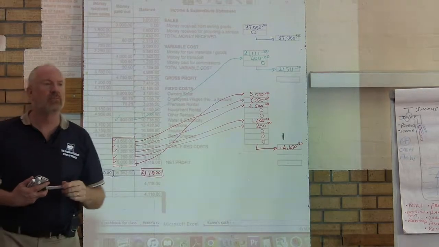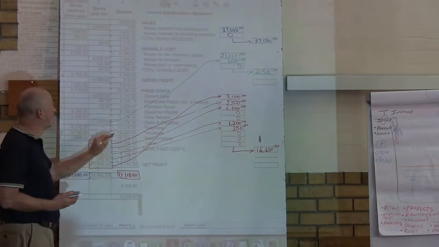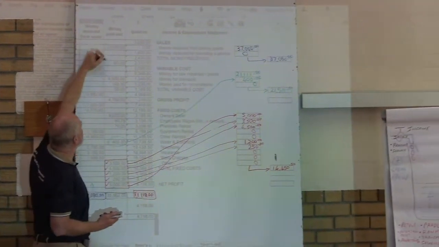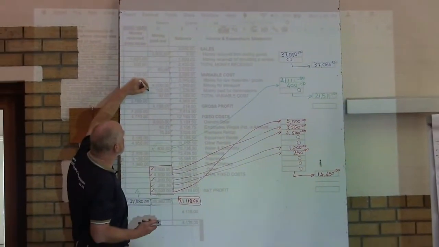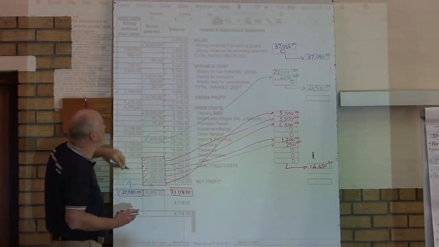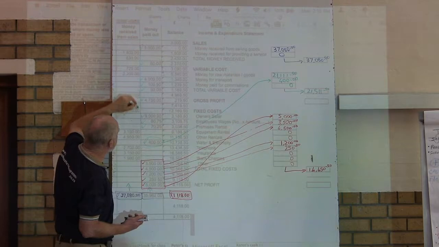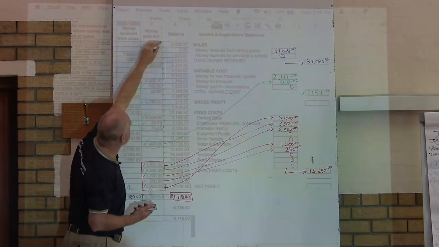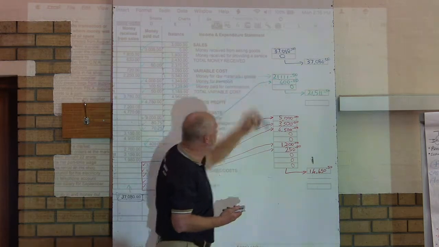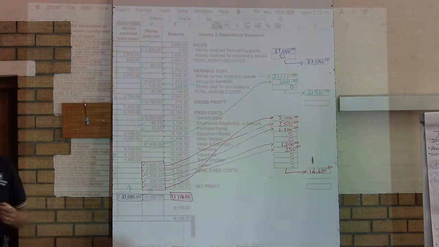From the money for raw materials, where did you get that 21,100? Okay, so what I did was, we've ticked off this one, because that's the 400. So we took this one, plus this one, plus this, plus this, plus this, and if we add all of that together, we would come to 21,111 rands and 50 cents.